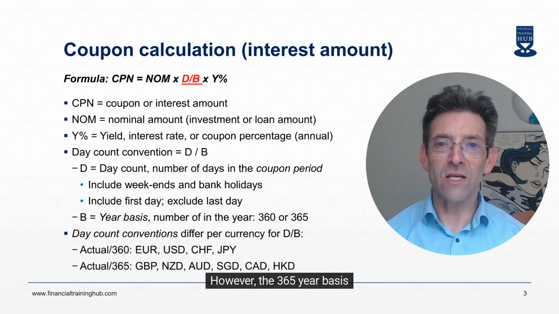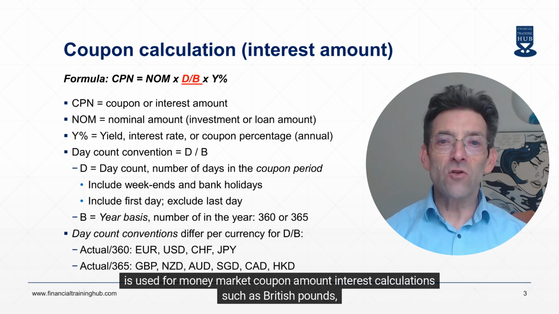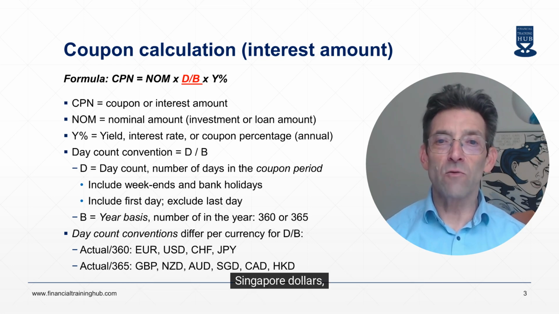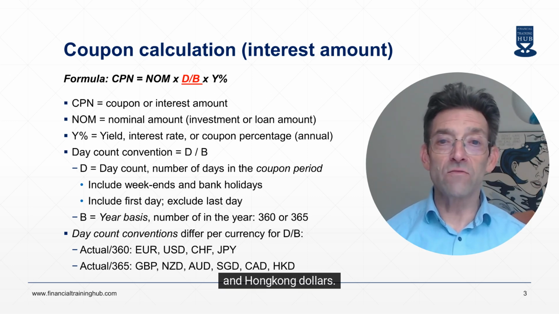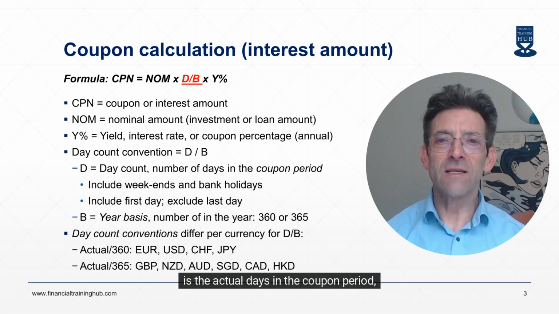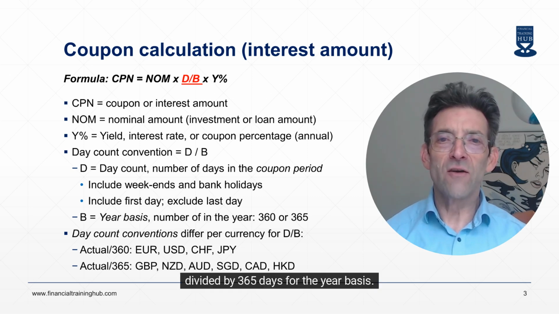However, the 365 year basis is used for British pounds, Australian dollars, Singapore dollars, Canadian dollars, and Hong Kong dollars. The day count convention for these currencies is the actual days in the coupon period divided by 365 days for the year basis. The next example illustrates the use of this formula to calculate a coupon interest amount.